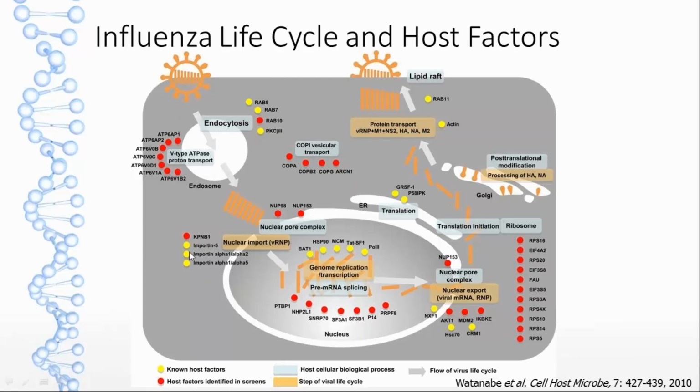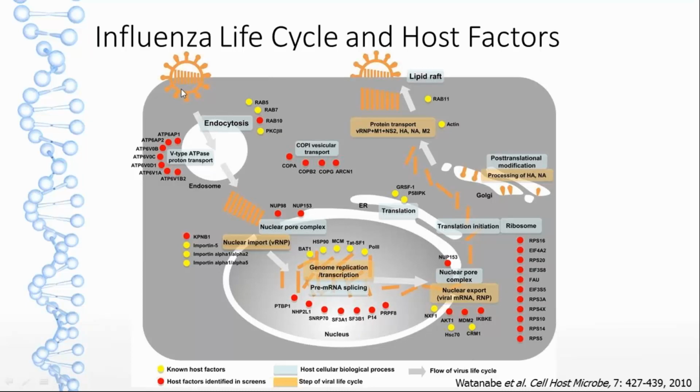The color code is that the yellow ones were the known host factors in 2010, although many more are known now, and the red nodes indicate the host factors identified by large-scale high-throughput experiments, mostly siRNA screens, that were reviewed in this particular paper.